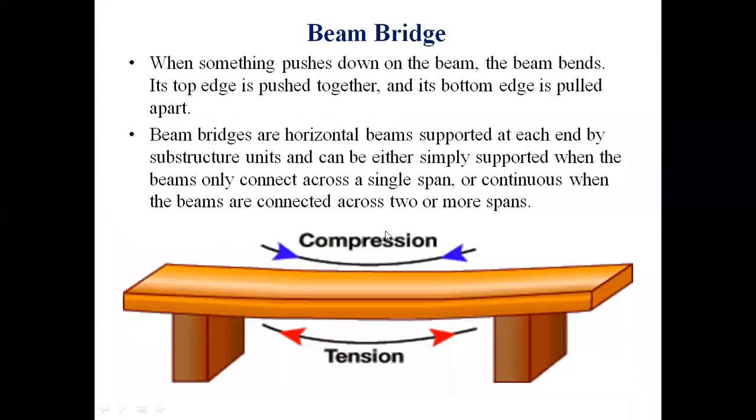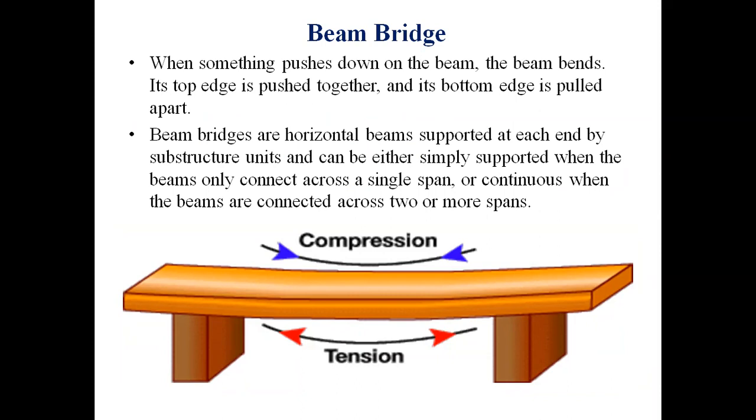And next one, the beam bridge. A beam bridge has only a beam which is supported on two supports. Understand? A beam bridge has one slab and there will be two supports. This is how the bridge looks like.